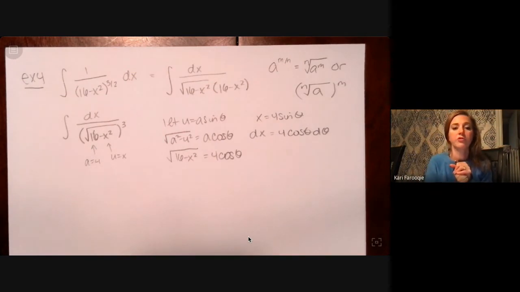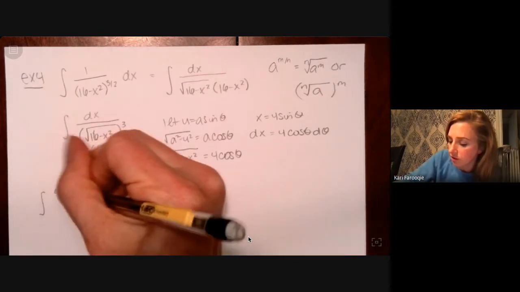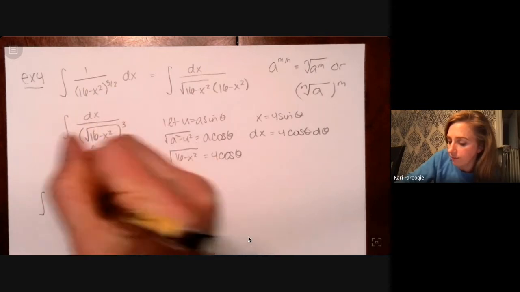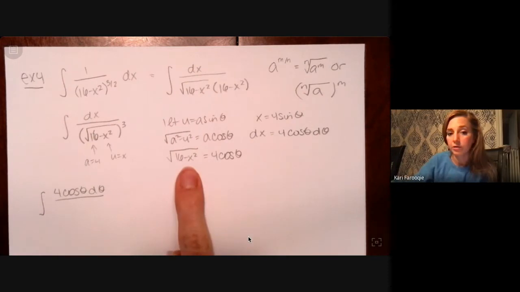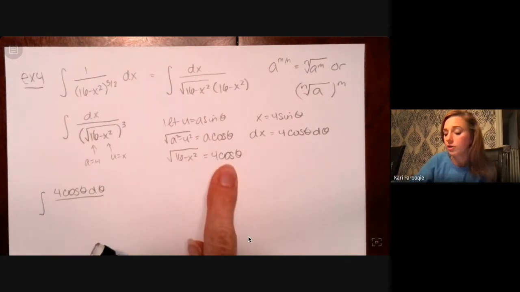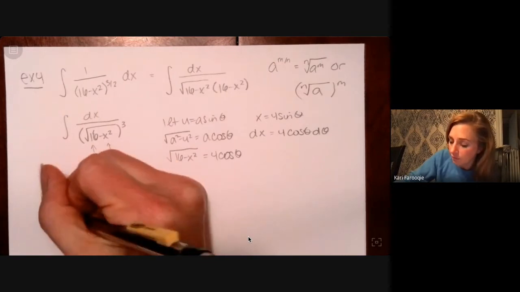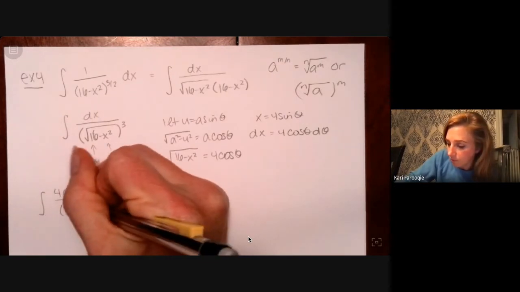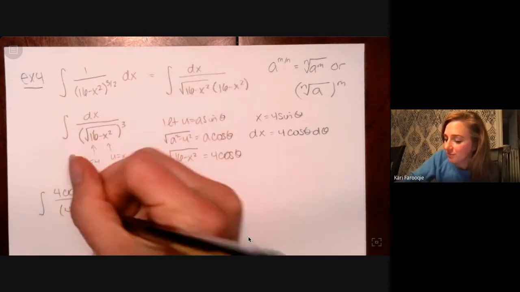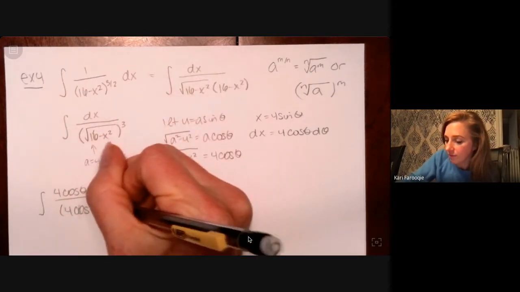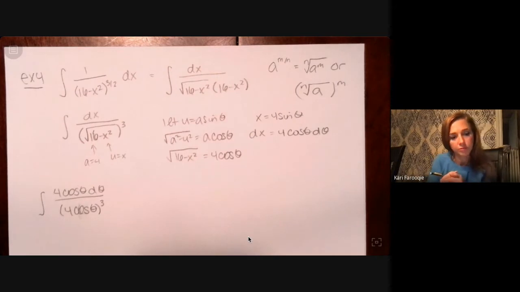Now we can go ahead and start subbing it out and see what we end up with. So we have the integral of dx, which is 4 cosine theta d theta, divided by our radical, which is going to be 4 cosine theta in our case, and we're cubing it. Well, cosine theta, quantity cubed.